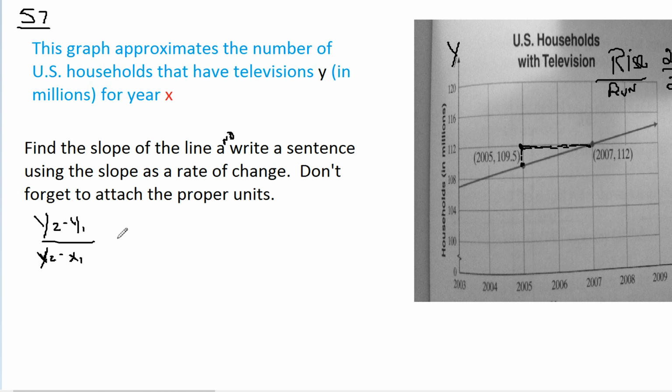So if I've got 2.5 over 2, and I simplify this, how can I simplify that? By dividing 1/2, or 0.5, into both of these. So how many halves are in 2.5? That would be 5.